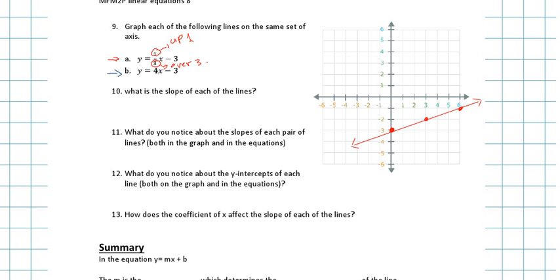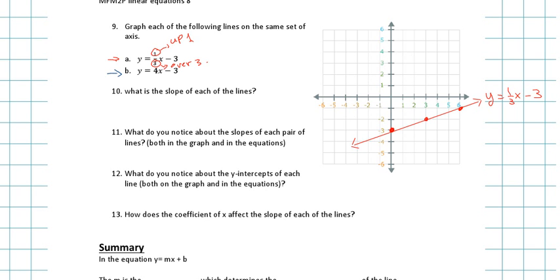This way I know which one is which. Anytime you're graphing two things on the same graph, you have to tell the person reading your work which one is which. I'm using colors. If you don't have colors, you have to indicate.